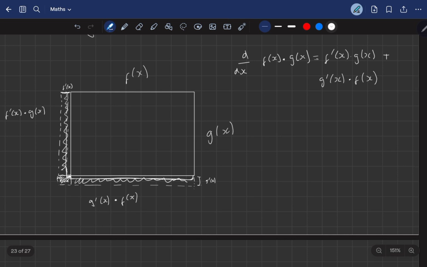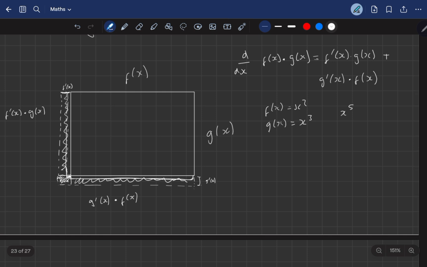Now this is true for any function. But let me prove it using a function that you can easily calculate the derivative of. Let f of x equal x squared and g of x equal x cubed. When we multiply these two functions together, we get x to the power of 5.